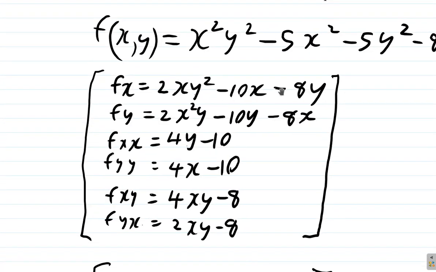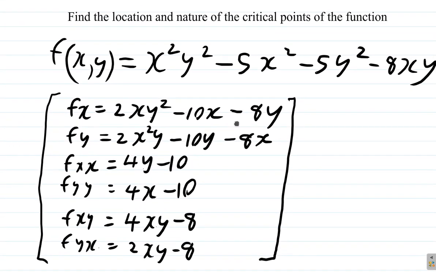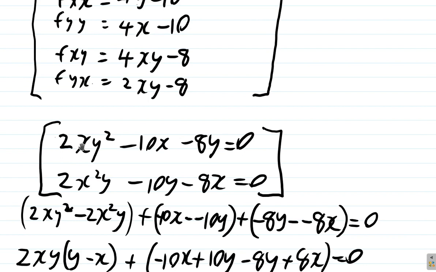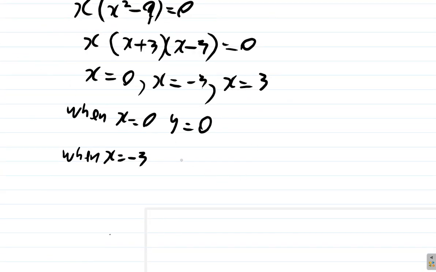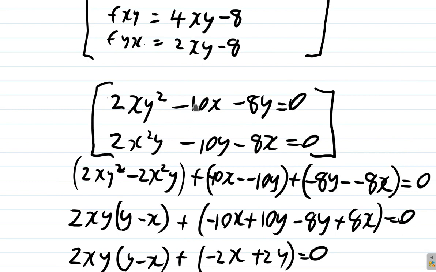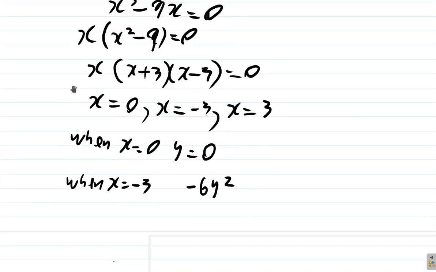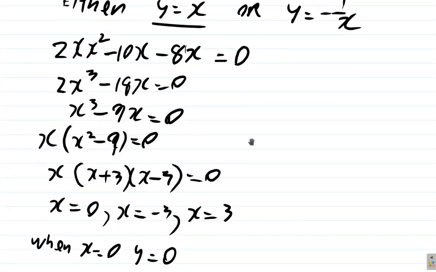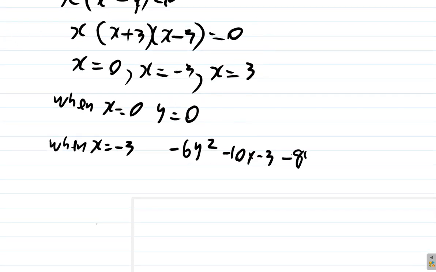When x is negative 3, what would we have? 2 times negative 3 is negative 6, so we have negative 6y squared, minus 10 times negative 3, which would be plus 30, minus 8y equals 0.